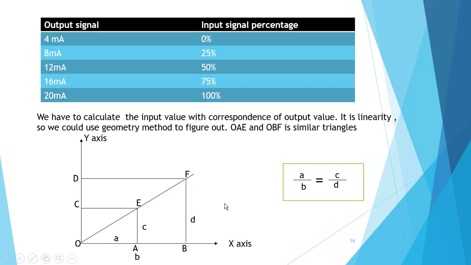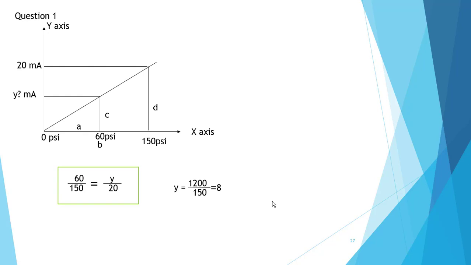Okay, it is linear, relative linear, always like this. This question: the input is 0 to 150 psi, the range from LRV to URV is the span. If you have 60 psi, how much is the output in milliamps?